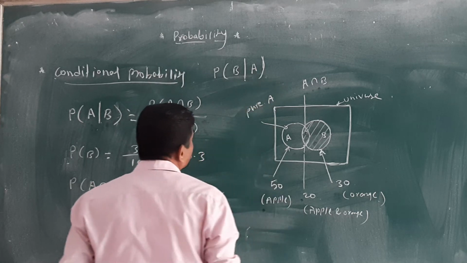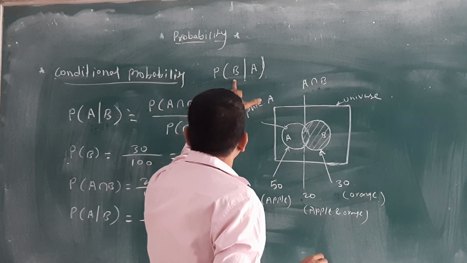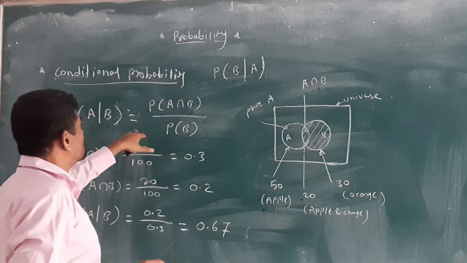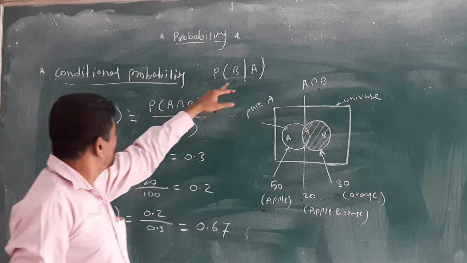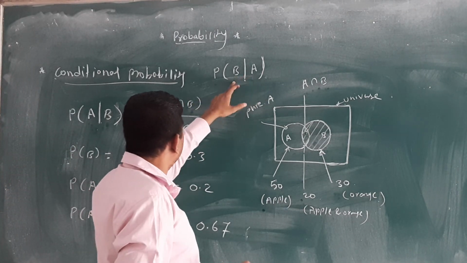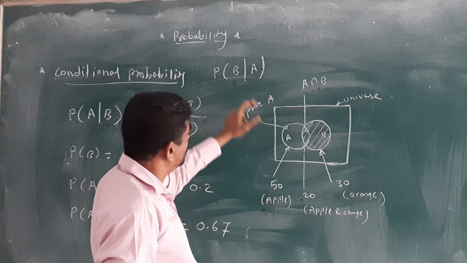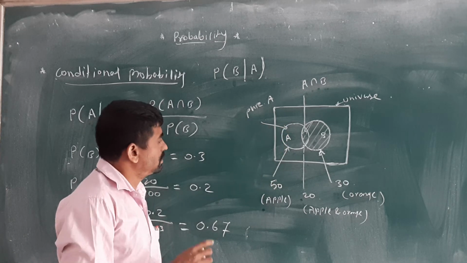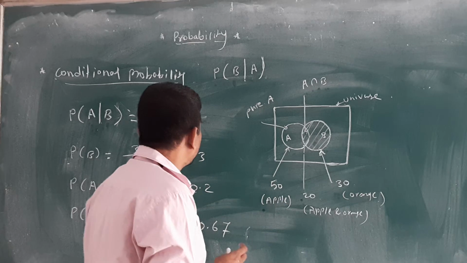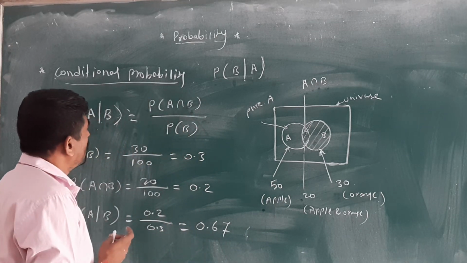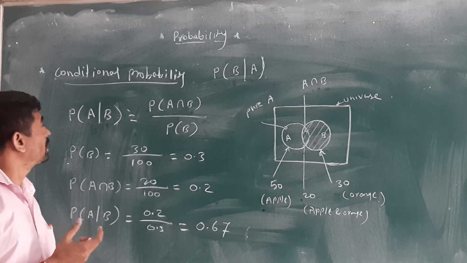Then again this formula will change, because A has already occurred and we want to calculate B. That's why I have given this example. Remember the Venn diagram. With the help of that Venn diagram, you can make the formula and solve the given example.